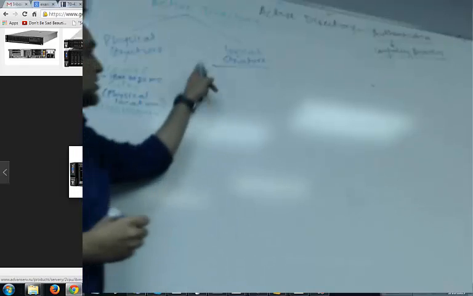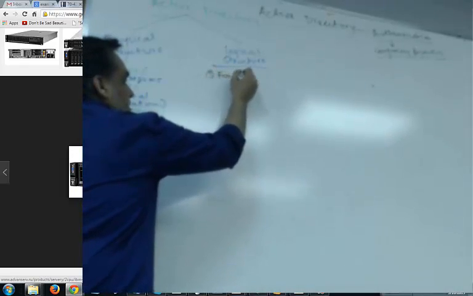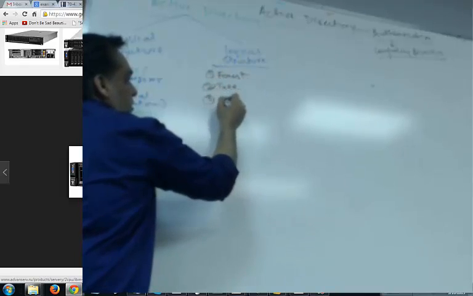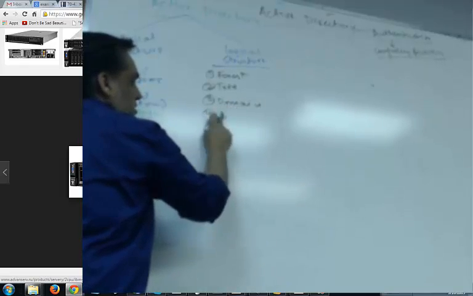Okay. So the physical structure has two components, servers and sites. Guys, this is all there is for the physical structure of Active Directory. It's very simple. Logically, Active Directory is configured and made up of these components. Number one, a forest. Number two, tree. Number three, domain. Number four, objects.